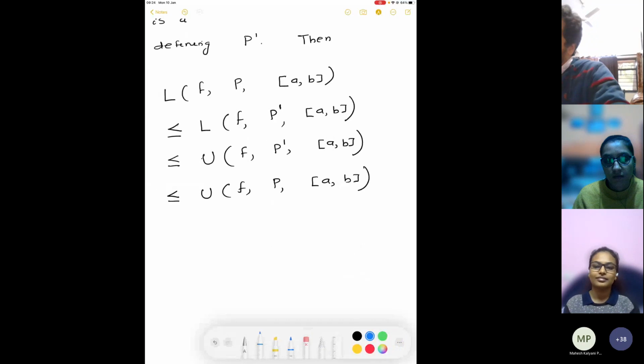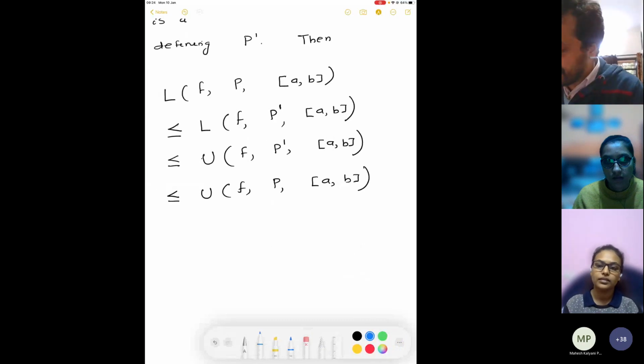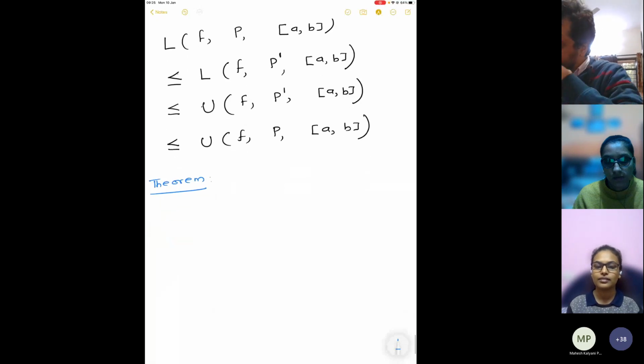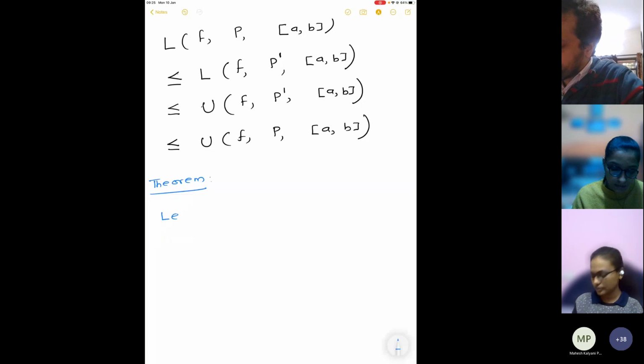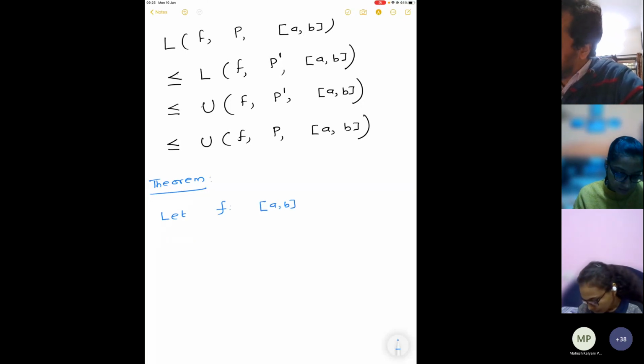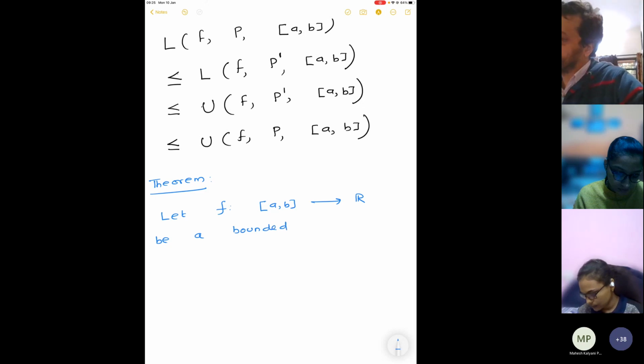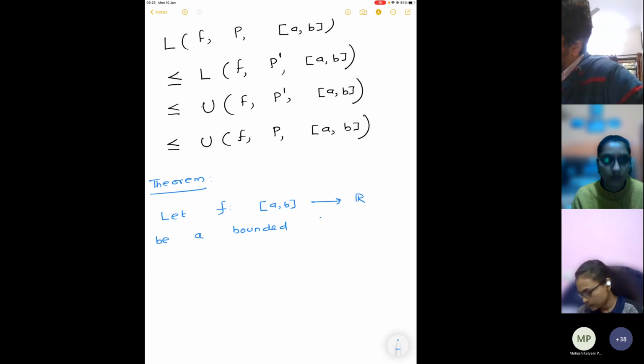Another result concerning the upper and lower Riemann sum is the following. Let f from AB to R be a bounded function. Boundedness is a blanket assumption here because then you can guarantee supremum and infimum to be finite.